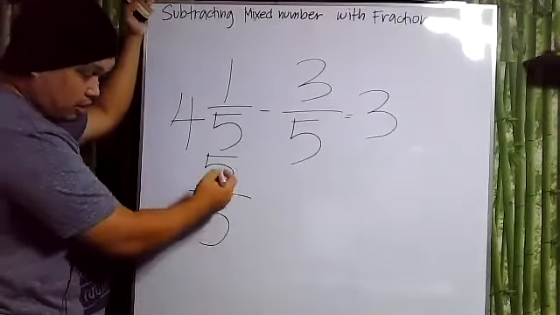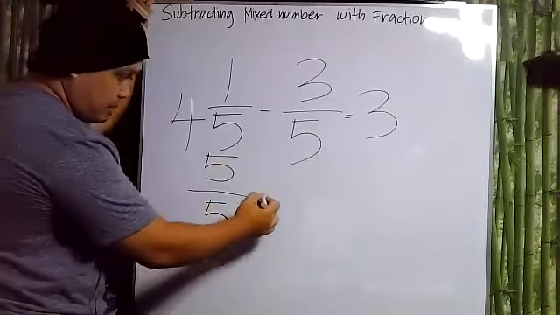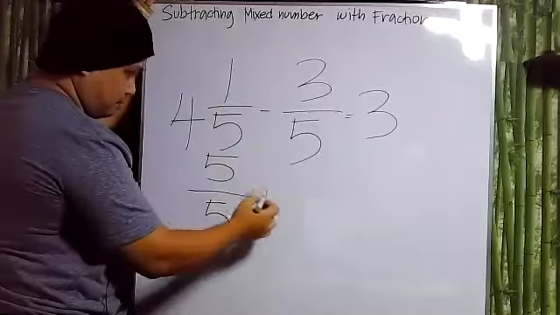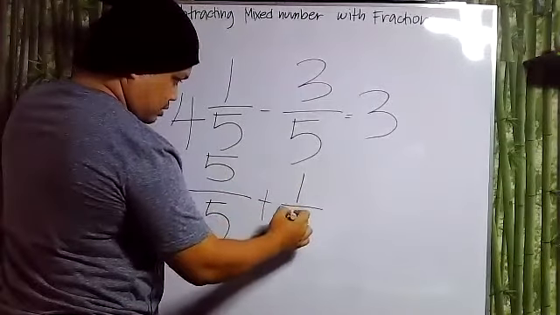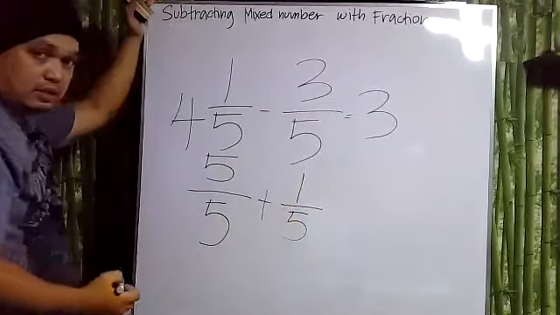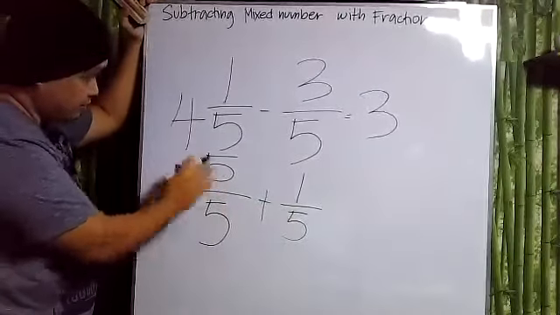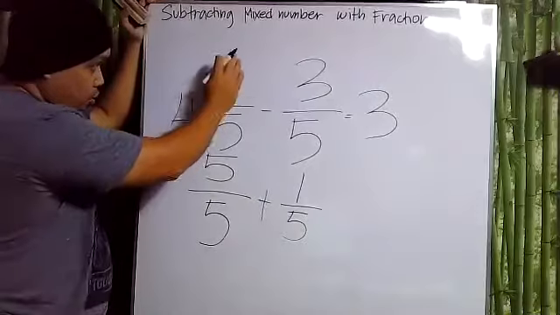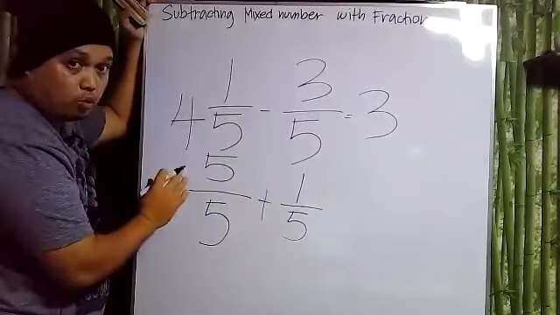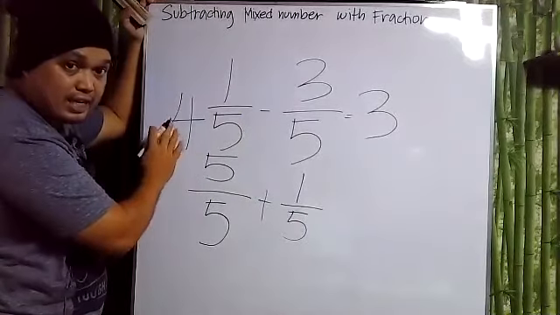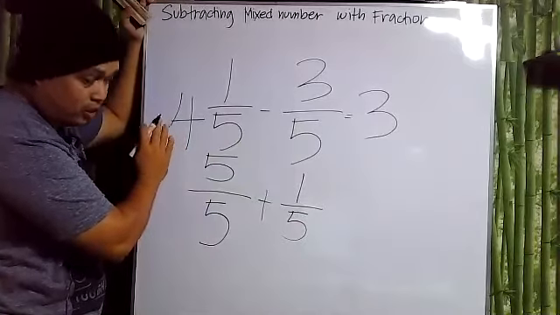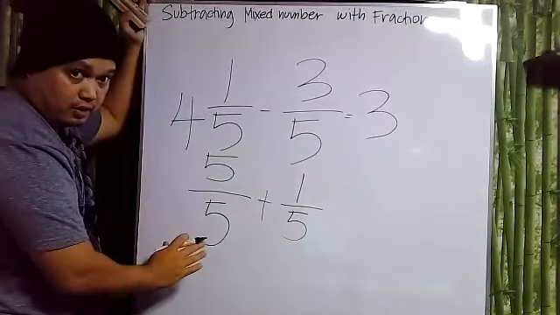So this is 1. Now, plus 1/5. So, where do we get 5 over 5 here? From 4. Because 1/5 here borrowed 1 from 4 in fraction form, which is 5 over 5.